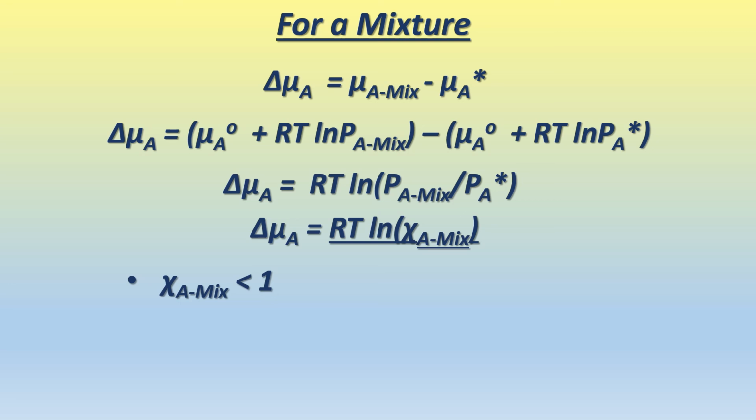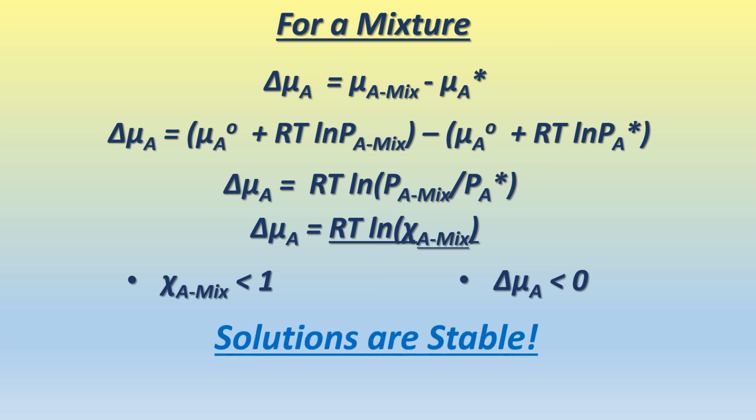The log of any number less than 1 is going to be negative. So you have a delta mu of the mixture being less than 0. So solutions form because they are more stable than either component left in the pure state. The consequences of this on the physical behavior of solutions will be examined in a video that is linked below. Thank you again, and I hope this was useful.